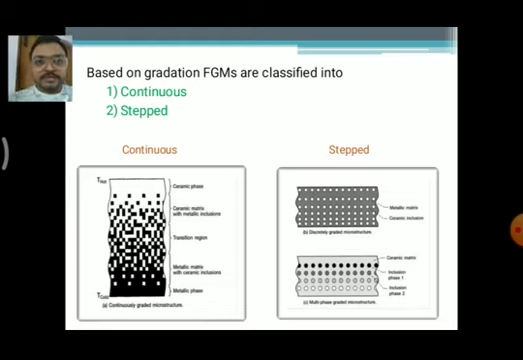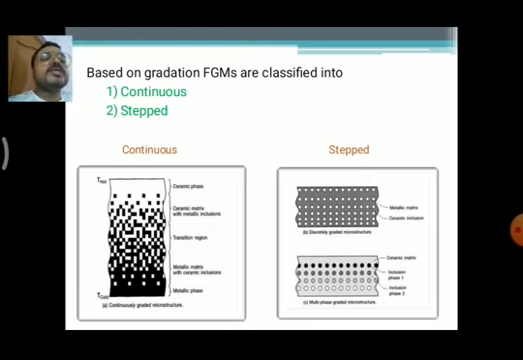But coming to the stepped FGM, there is a gradual increasing or decreasing of inclusions. Going to the right side picture, we are seeing the ceramic matrix. Next is the inclusion of phase 1 and second the inclusion of phase 2.